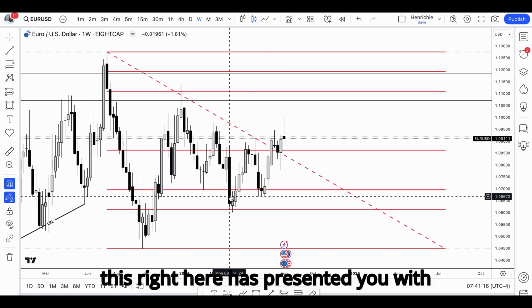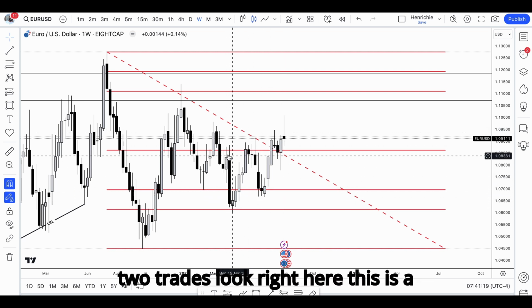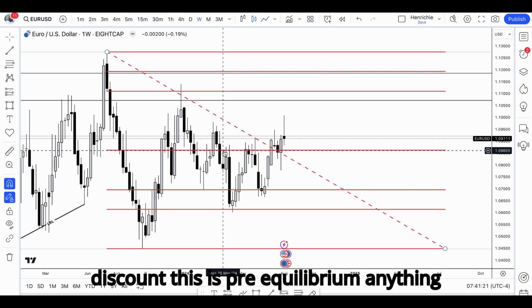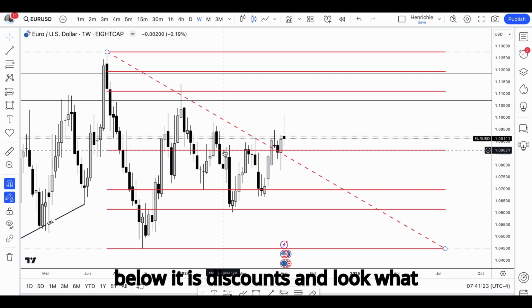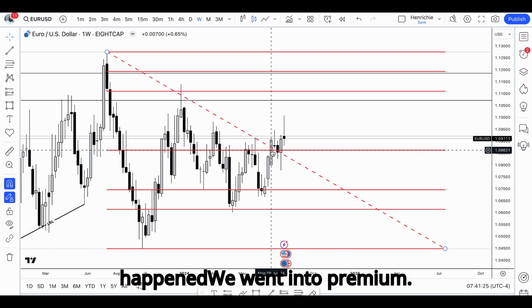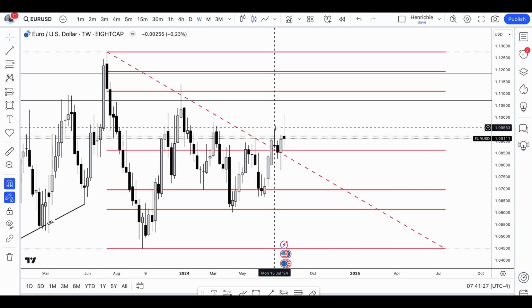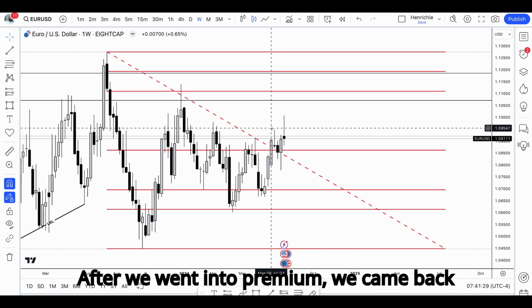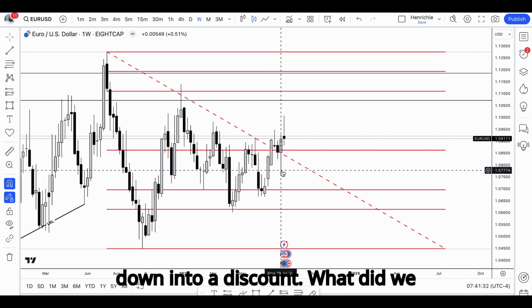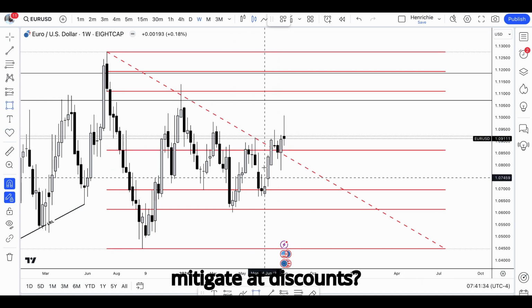This right here has presented you with 2 trades. Look right here. This is a discount. This is pre-equilibrium. Anything below it is discount. And look what happened. We went into premium. After we went into premium, we came back down into a discount. What did we mitigate at discount?